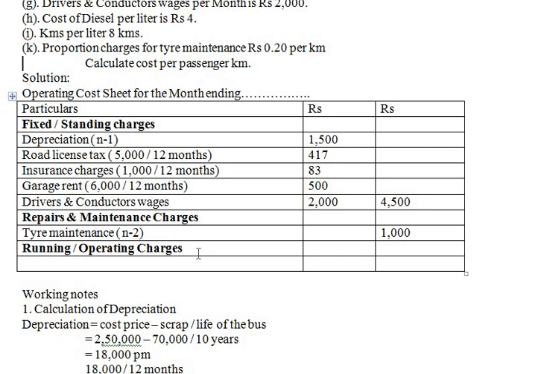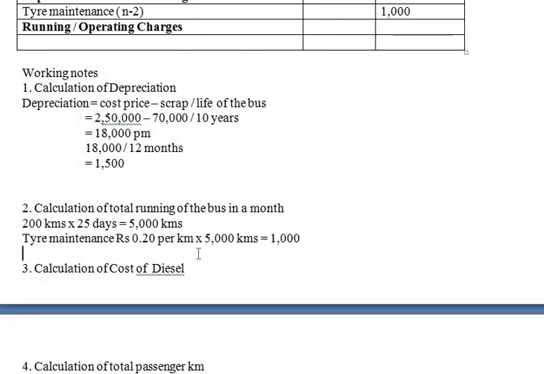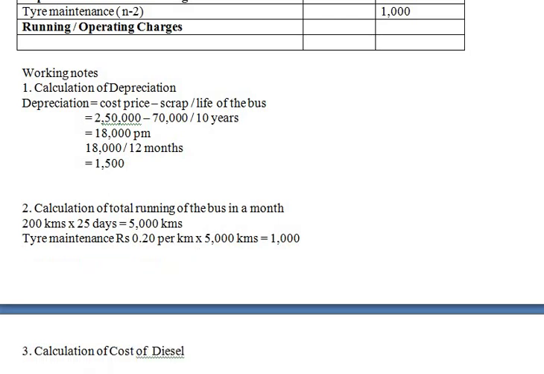Now next what they have given. Cost of diesel per liter is rupees 4. Kilometers per liter is 8 kilometers. Now third working note: write down calculation of cost of diesel.